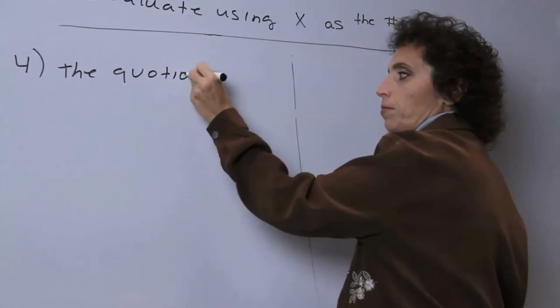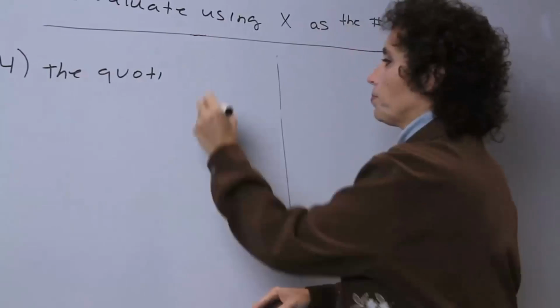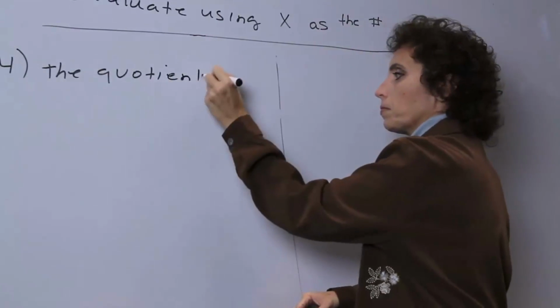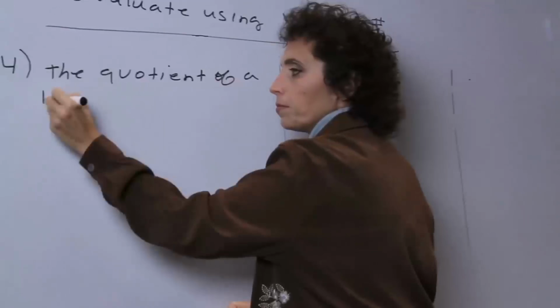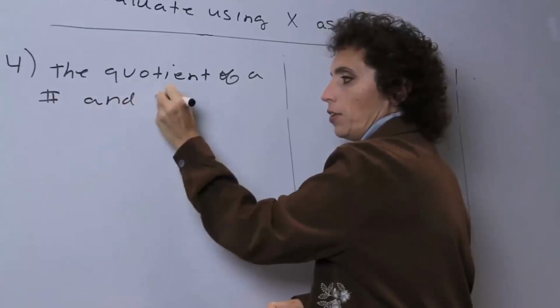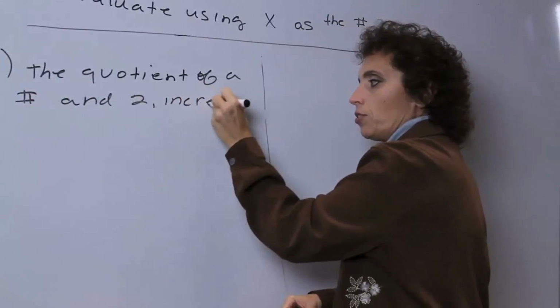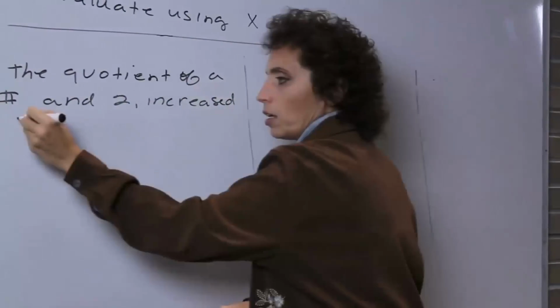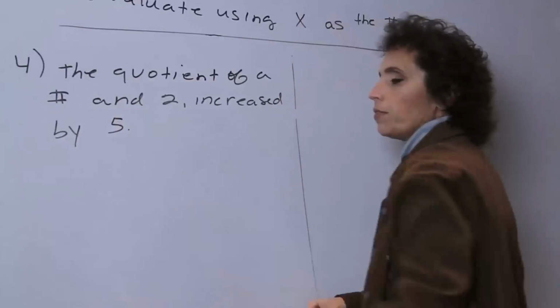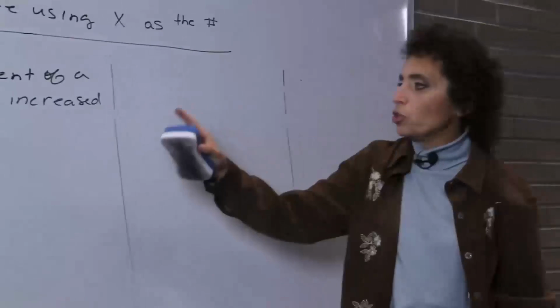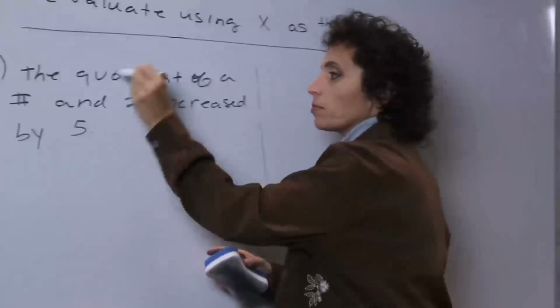The quotient of a number and 2 increased by 5. Okay, the quotient means to divide.